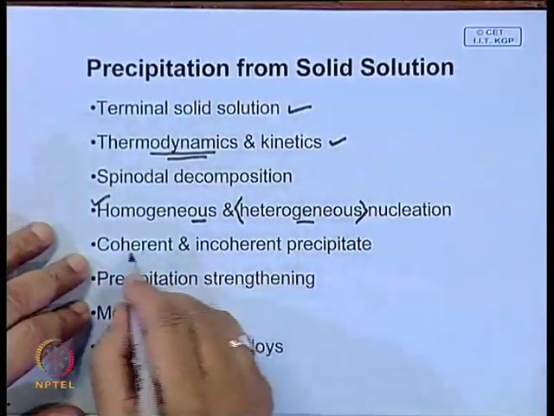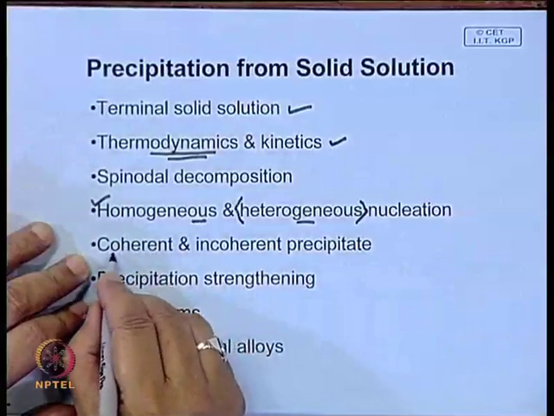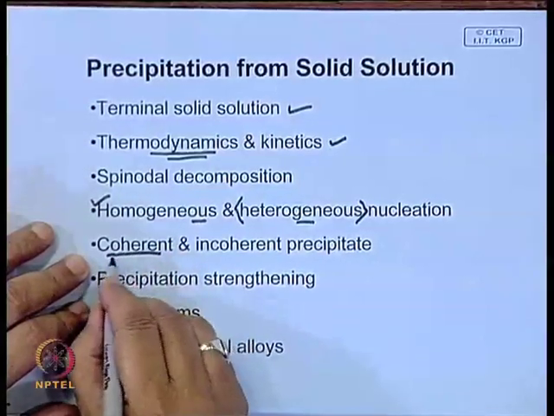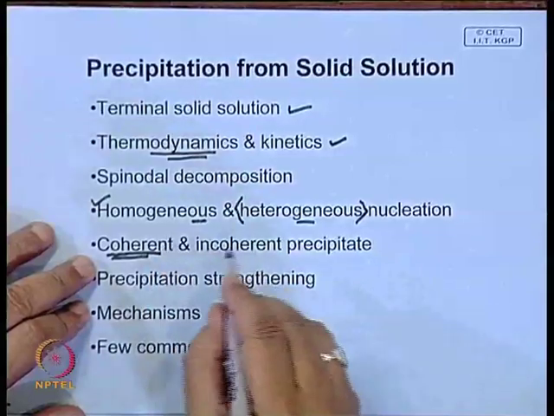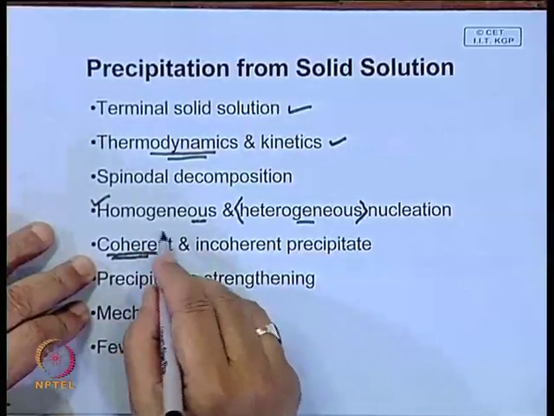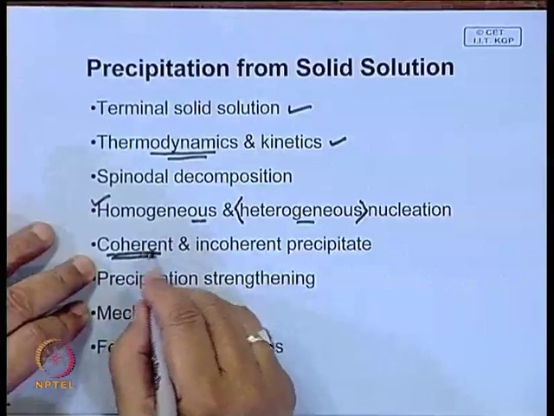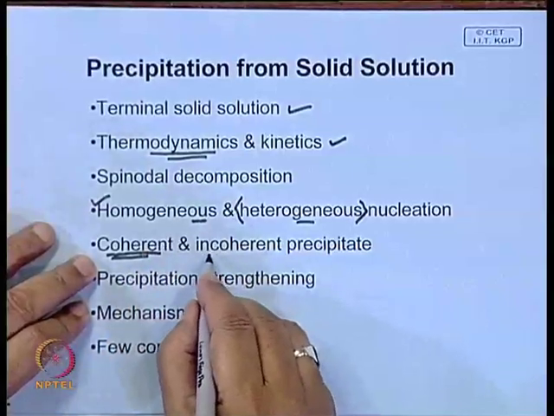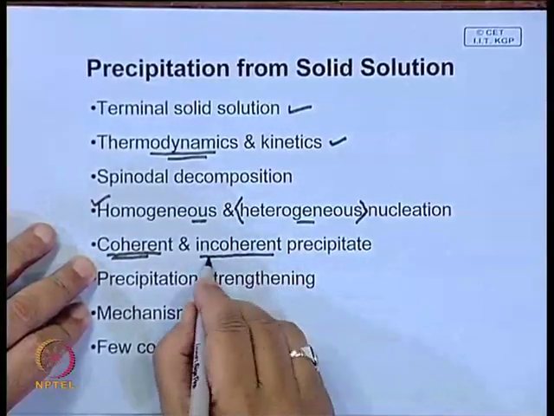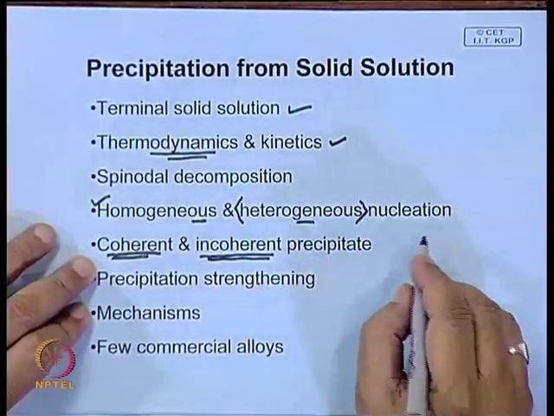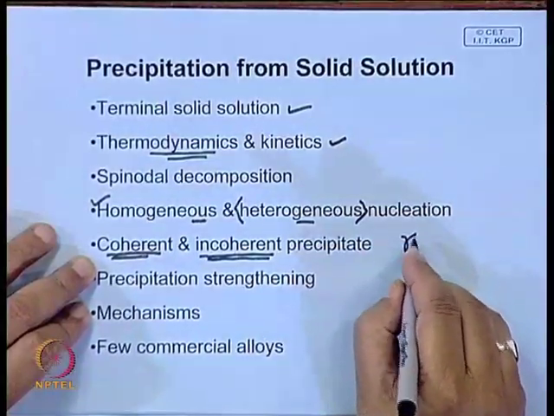We talked about different types of precipitate, like coherent precipitate, where the surface energy is extremely low, but it may have some amount of coherency strain associated with it. On the other hand, normal precipitates are incoherent, and all incoherent precipitate has high surface energy.